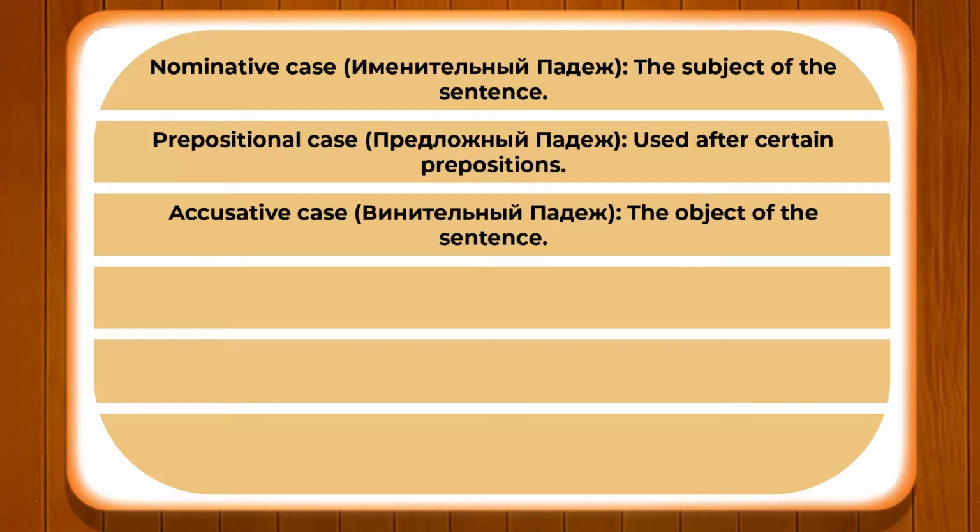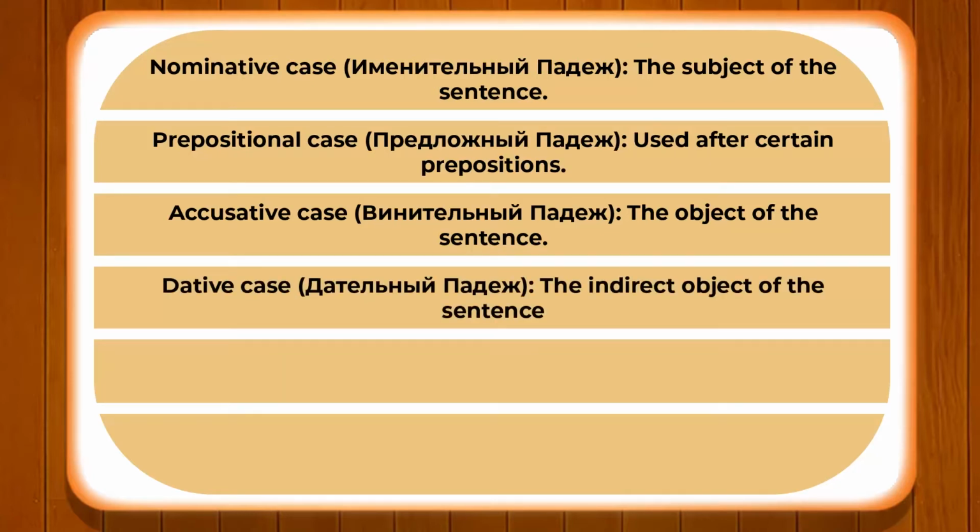It is known as vinitelny padyesh in Russian. Vinitelny padyesh is where the object of the sentence is determined. The fourth one is the dative case. It is known as datelny padyesh. The indirect object of the sentence is determined in this case.